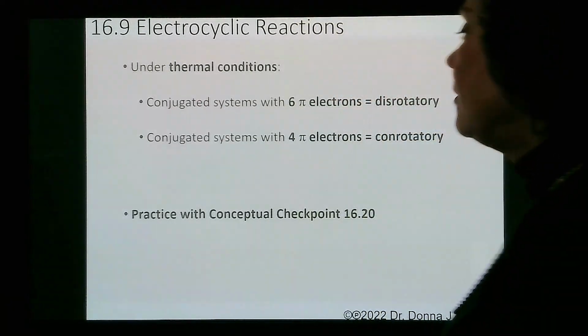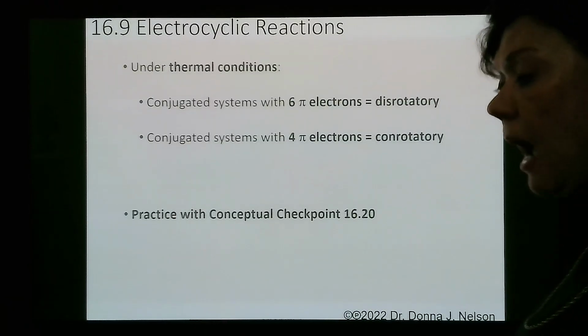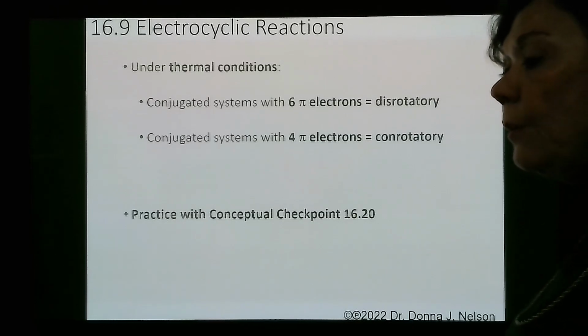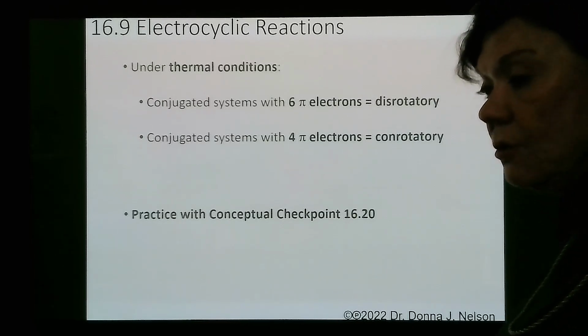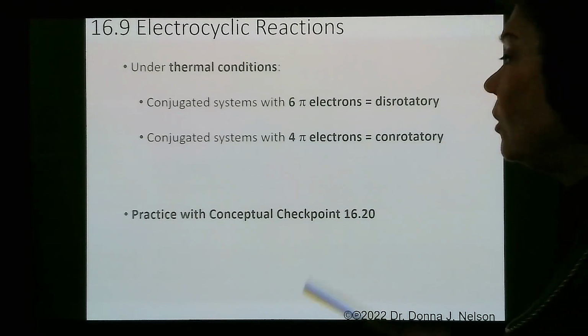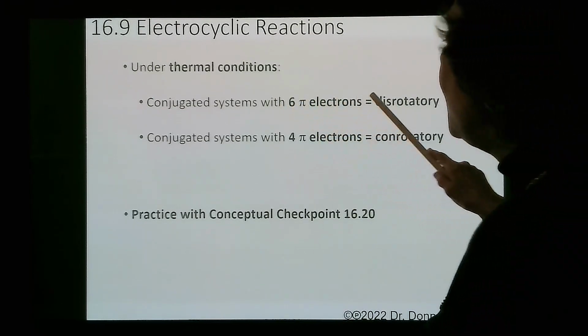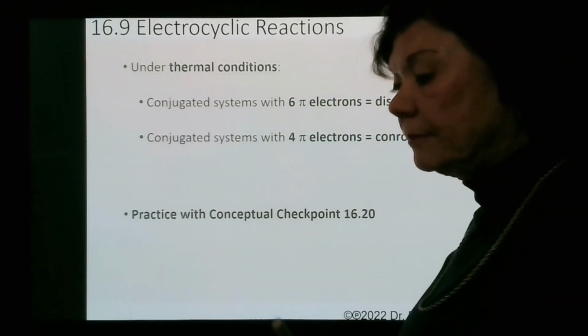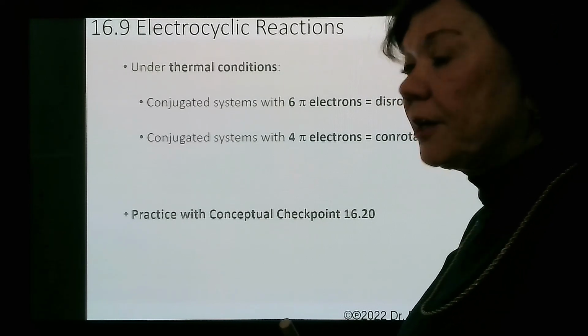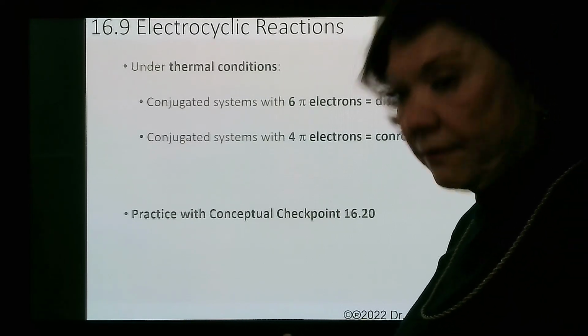And remember that I mentioned that if light is added to the reaction conditions, then the stereochemistry of the products is reversed.